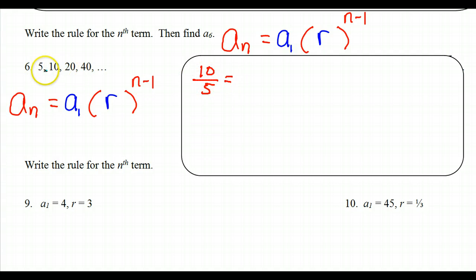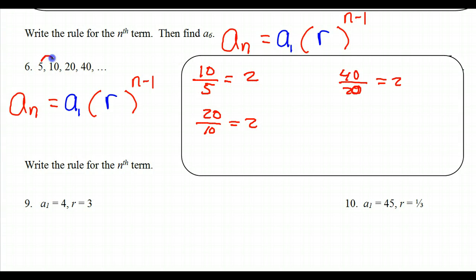So 10 divided by 5, that's 2. 20 divided by 10, that's 2. 40 divided by 20, that's 2. So each term divided by the previous term tells us that there's a common ratio of 2.